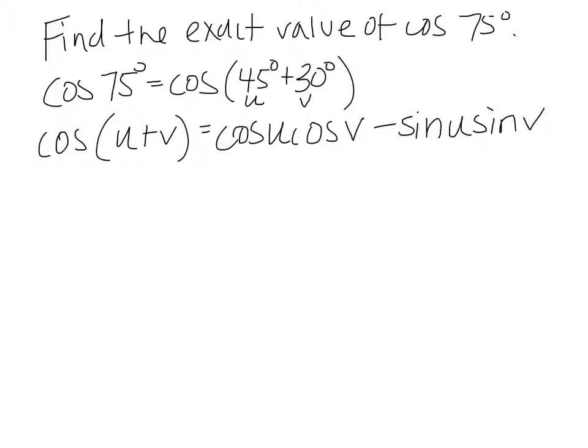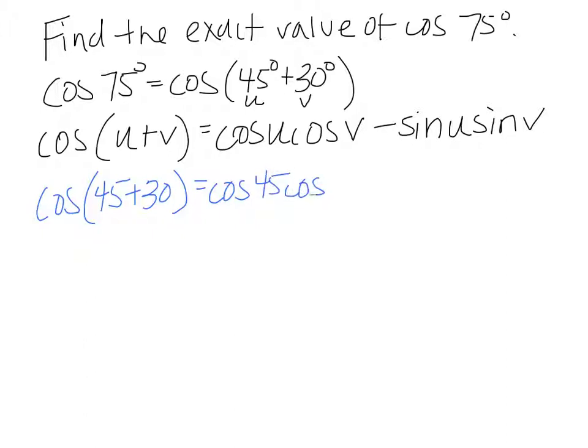So I'm going to fill in the cosine of 45 plus 30 equals cosine of 45 cosine of 30 minus sine of 45 sine of 30.